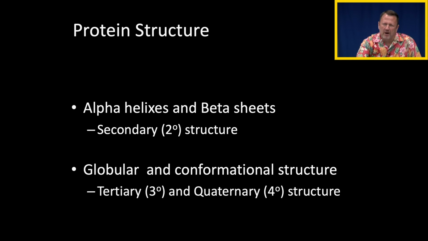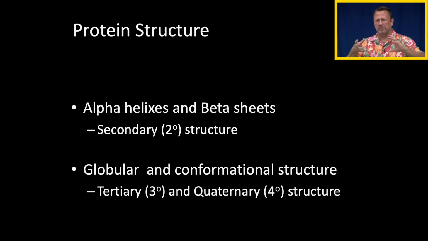All right, so the primary structure is just the chain of amino acids. What order do the amino acids go together? And that primary structure determines whether alpha helices form or beta-pleated sheets form. That'll be called secondary structure. The overall shape that it takes, its glob shape, is called its tertiary structure.